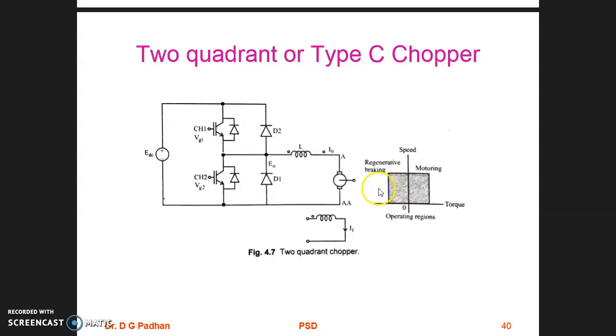For the first quadrant operation, chopper 1 and D1 perform the functions, and if the average load current I0 is high enough, then the second chopper and D2 do not conduct, even though chopper 2 receives the gating signals, because when D1 is conducting, chopper 2 is reverse biased.